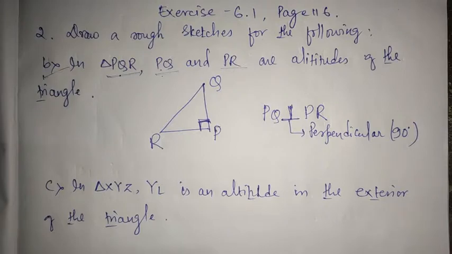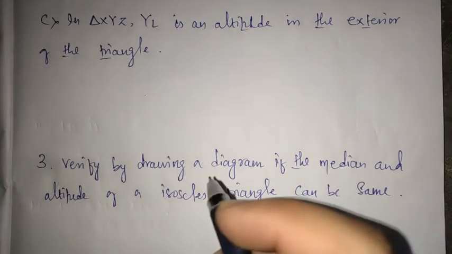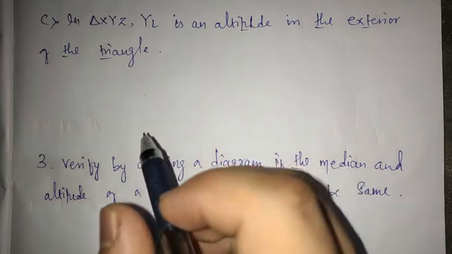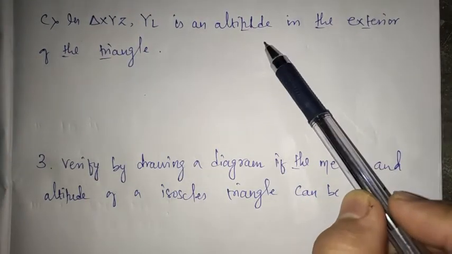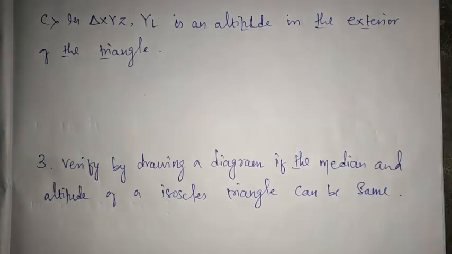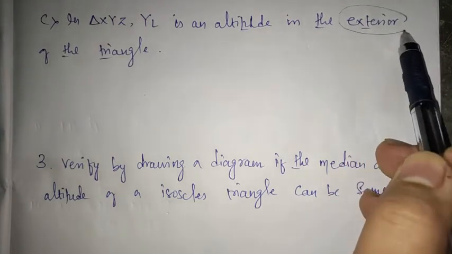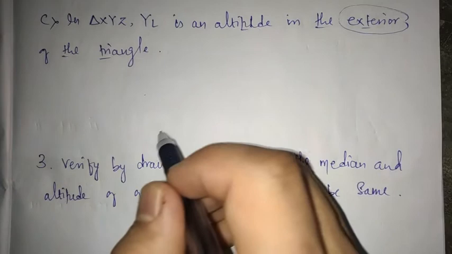Alright. Proceeding forward to part C of question number 2: in triangle XYZ, YL is an altitude in the exterior of the triangle. Remember, here it is mentioned exterior of the triangle. So you have to make one triangle.